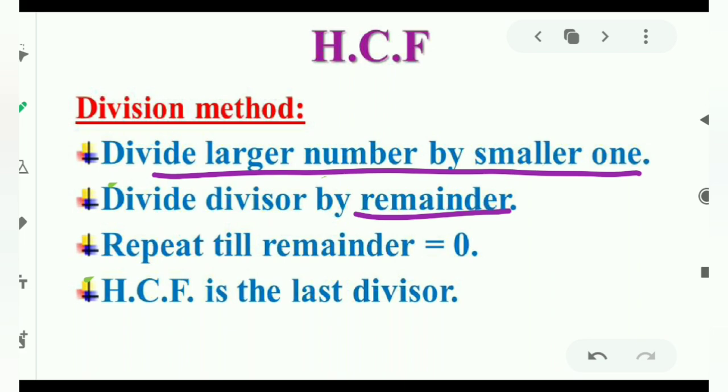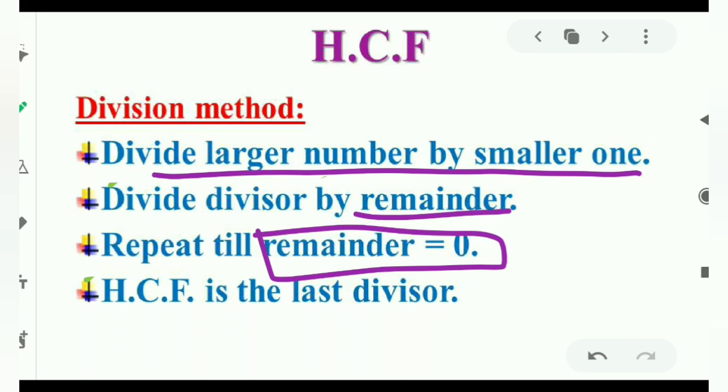So next step, we are going to divide the divisor with the remainder. Then the next step, the same thing, we are going to take the remainder and take the divisor, and we are going to divide the divisor with the help of the remainder. We are going to repeat this process till we get remainder equal to 0.